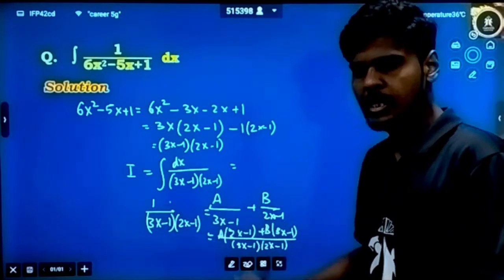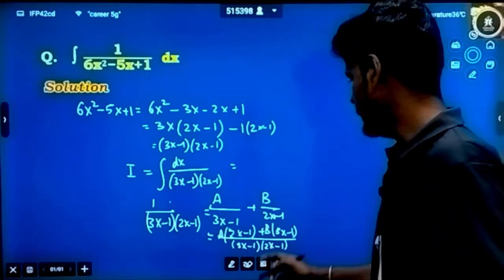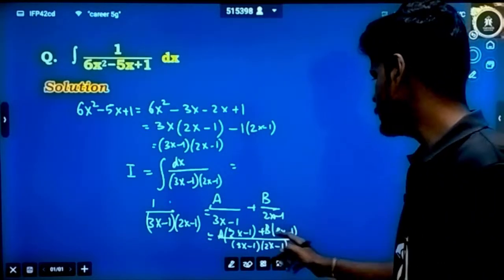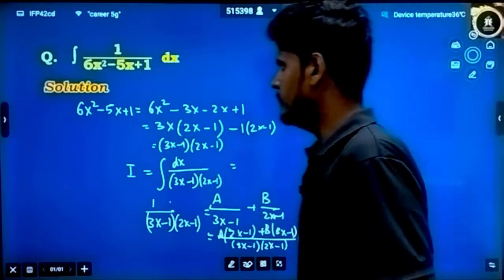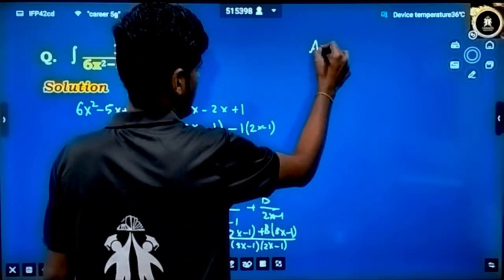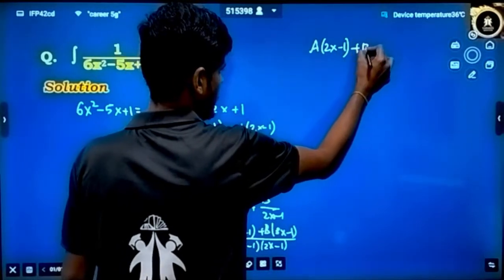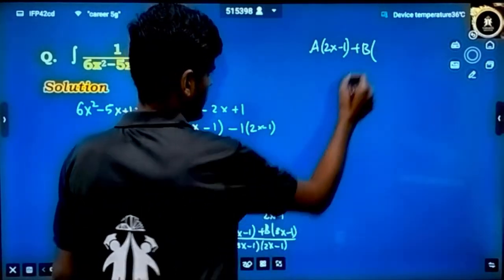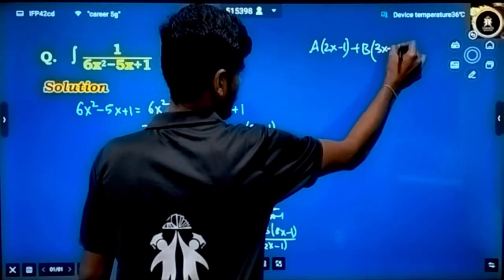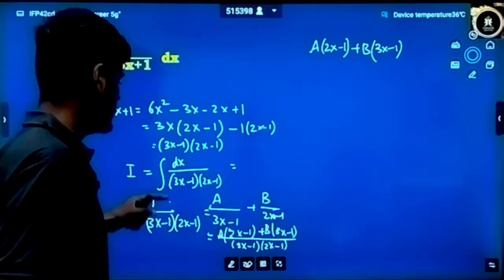Equate coefficients on both sides. Here the denominator is the same, which means we can equate the numerator. So we will get a into 2x minus 1 plus b into 3x minus 1 equal to 1.